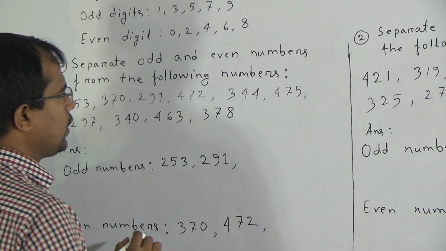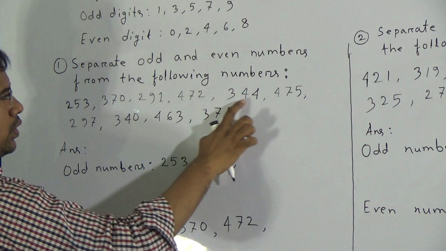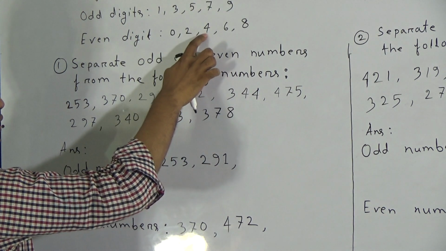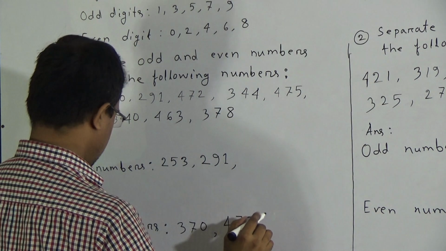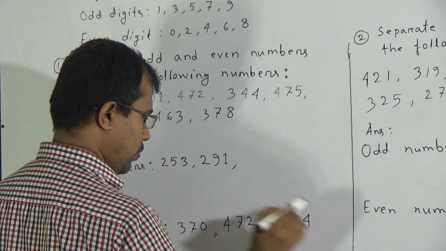Now 344. Ones place digit is 4, which is even digit, so 344 will be even number.